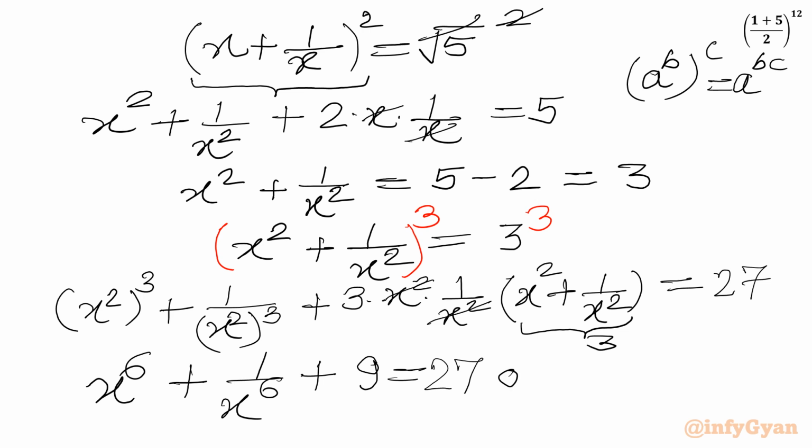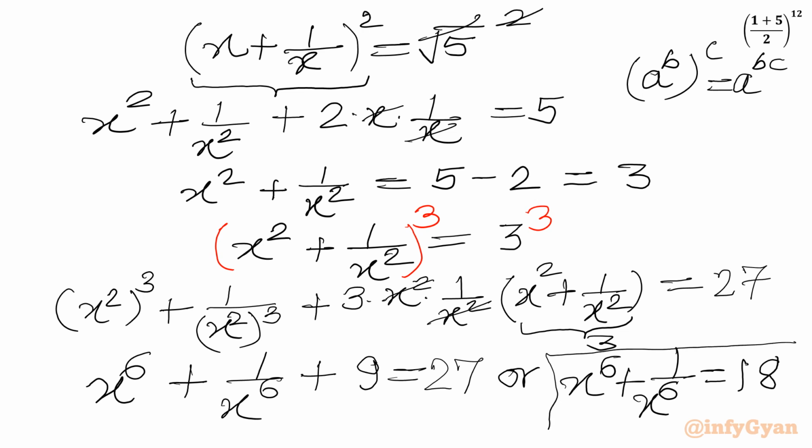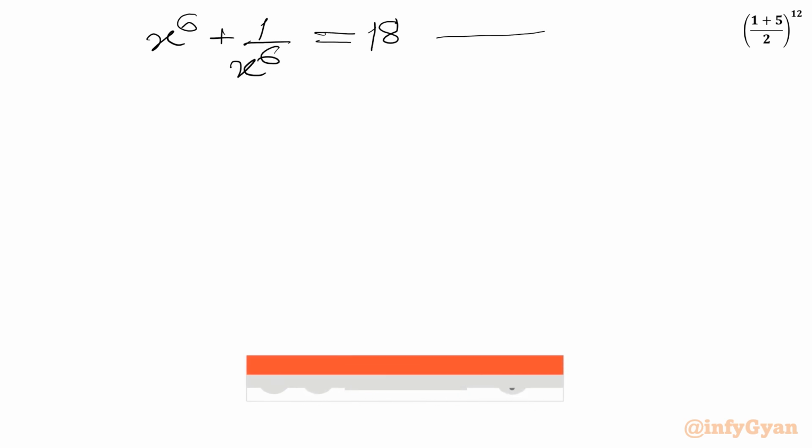Or we can write x power 6 plus 1 over x power 6 will be equal to 27 minus 9 equal to 18. Let us say this is our equation number 1. So I can write here x power 6 plus 1 over x power 6 equal to 18, equation 1.